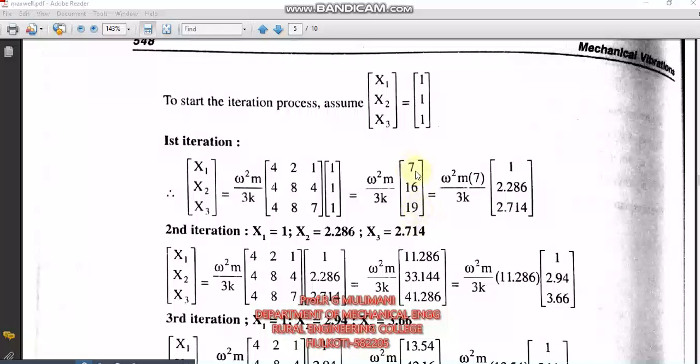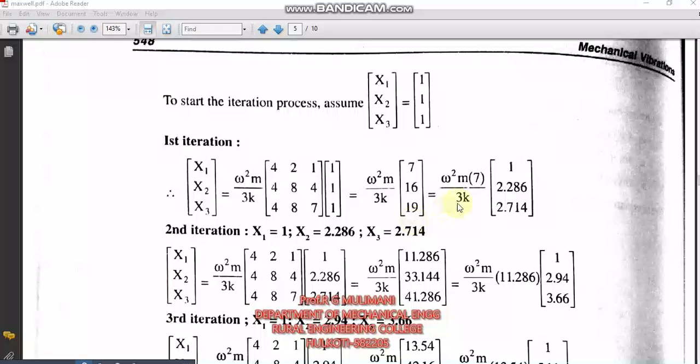The first value, when normalized as 1, you take this 7 outside. Taking the 7 outside, 7 by 7 is 1, 16 by 7 is 2.286, 19 by 7 is 2.714. The first element in this matrix, you always take outside, only the absolute value. Even though it is minus 7, you take only 7 outside. So taking this magnitude outside, we have 1, 2.286, 2.714.